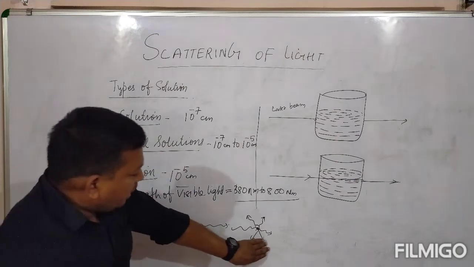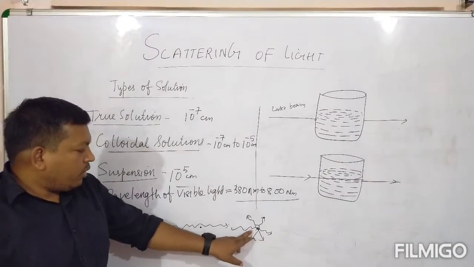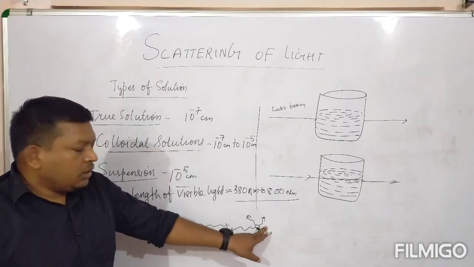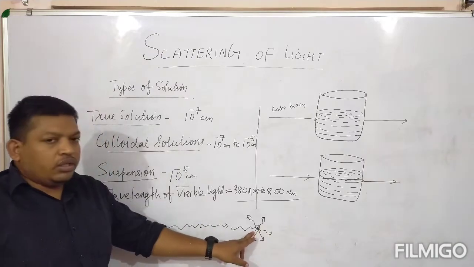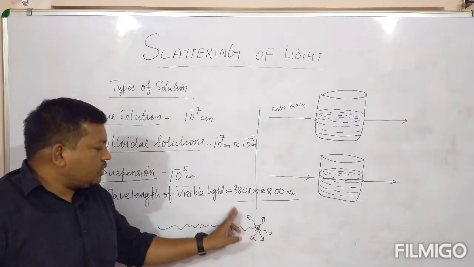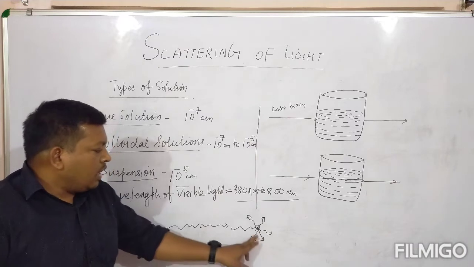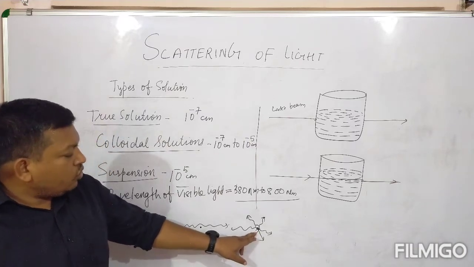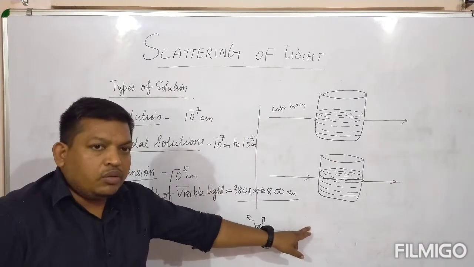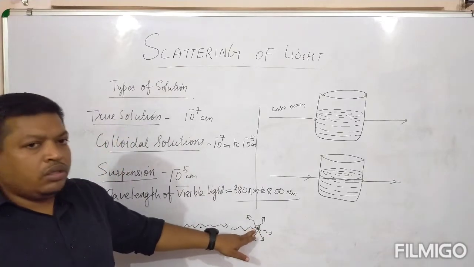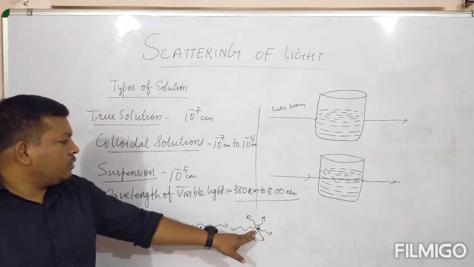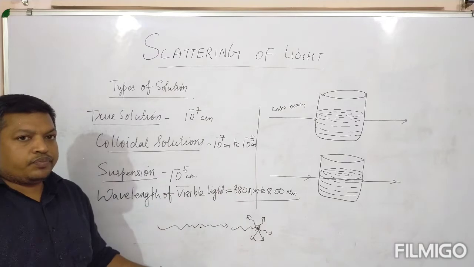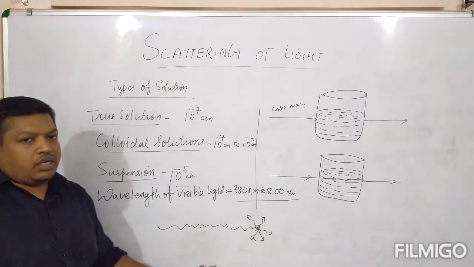So when light is scattered away by falling on the particle, the particle starts glowing, and this redirection of the path of light is called scattering. The beam is visible when the beam falls on particles of this size. This is the reason for scattering.